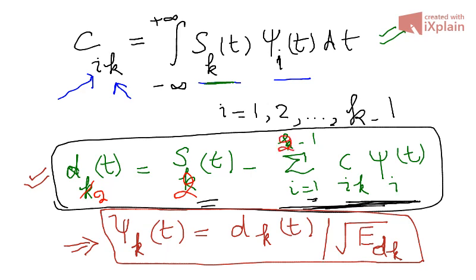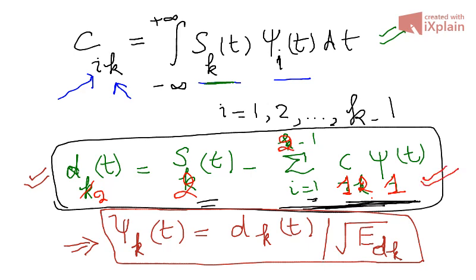So i is only 1, and you are subtracting C12 psi1 of t from s2.